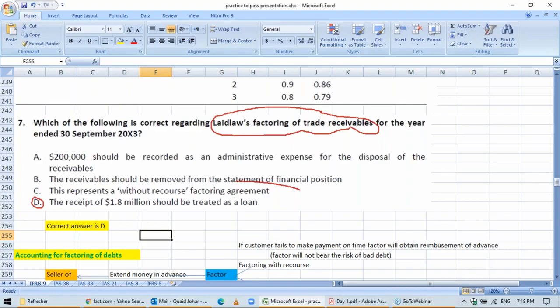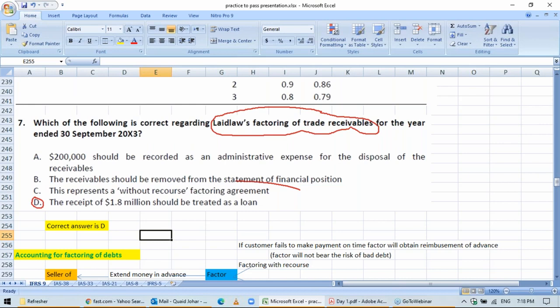So what do we mean by this? That the company who has sold the receivable has received cash initially, right, from the buyer. And when the time period for financing is over, the other party says that please give back my money, right?